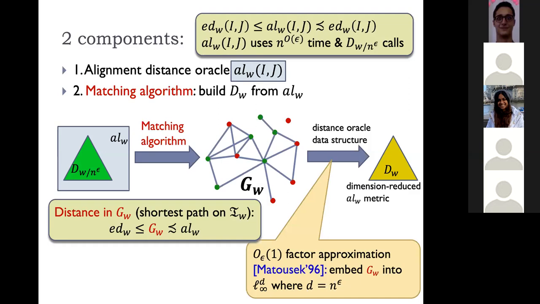In particular, you take the shortest path metric on the graph and embed it into L infinity of dimension n to the epsilon. This gives an order 1 over epsilon factor approximation, and that's enough for us. So the distance Oracle is really just a bunch of vectors, and computing the distance between two things is just computing the L infinity distance between two vectors, and that's all.